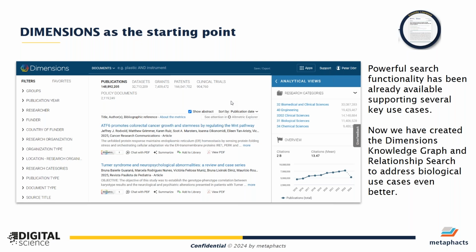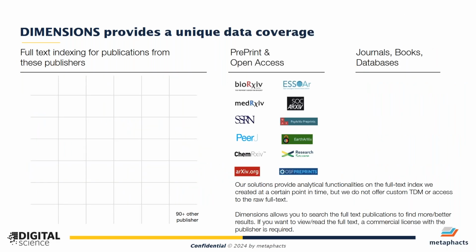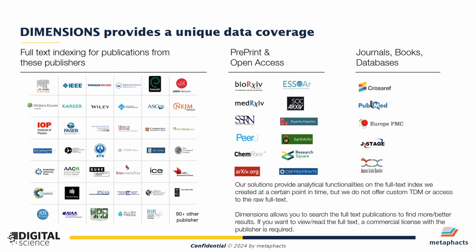Therefore, we have created this Dimensions knowledge graph, but this is a very strong asset because it provides us with full text search capabilities. Here you can see an overview, and those who are users of Dimensions know this. We have really full text search capabilities with the largest publishers in the world.